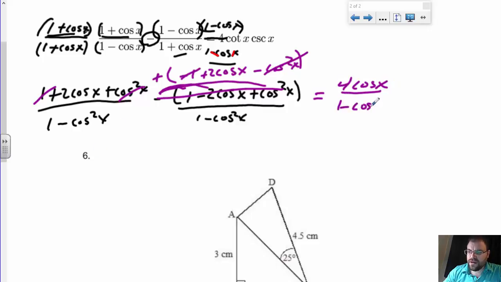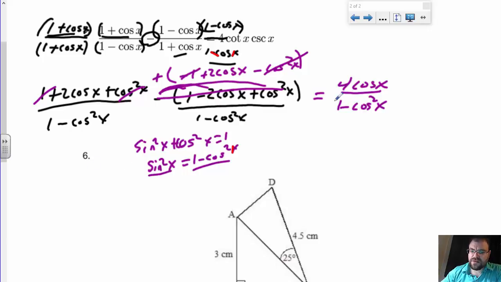Okay, keep in mind, using my trig identity, which says that sine squared x plus cosine squared x is in fact equal to 1. That means that sine squared x is equal to 1 minus cosine squared x. This is what I have right here. So this is the same thing technically as sine squared x. So I'm going to rewrite that. It's 4 cosine of x over sine squared x.